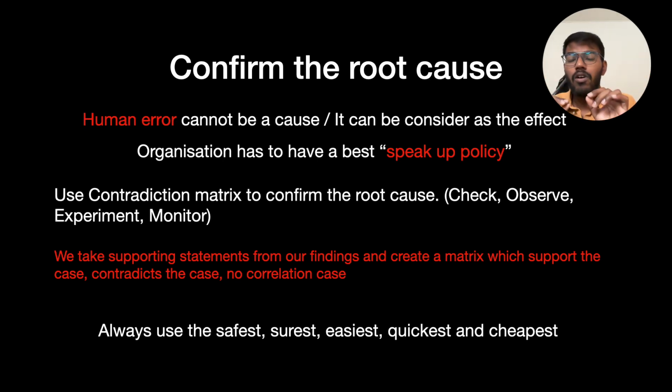You answer questions like, does it contradict the case, is it supporting the case, is it correlating or not correlating, and you strike down all the contradicted causes. You come to the final evidence based investigation, not an assumption driven one.